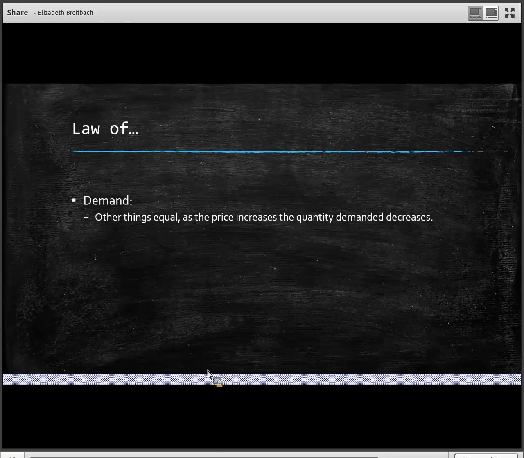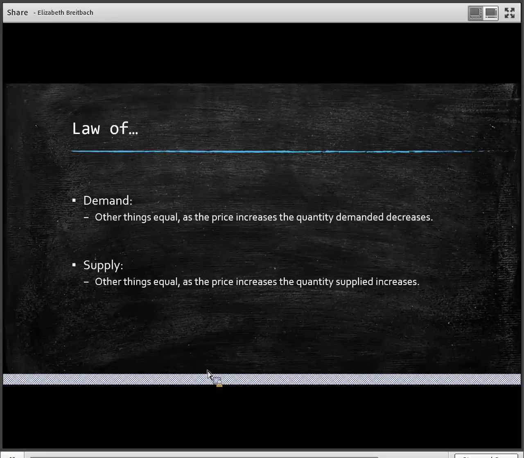And then we talked about the law of supply, and this, other things equal, as the price increases, the quantity supplied increases. So a direct relationship here, and we could add in, as price decreases, the quantity supplied decreases, showing the relationship between the price of a product and the willingness and ability of suppliers to produce that product.